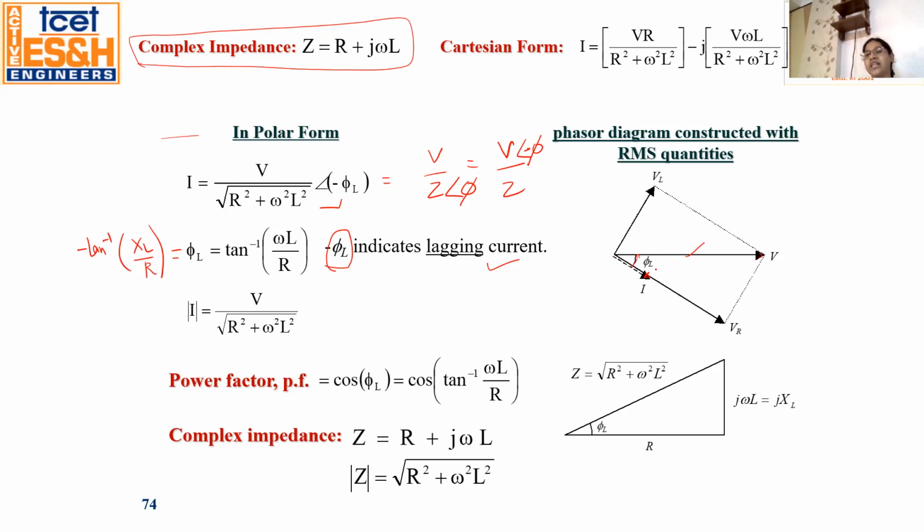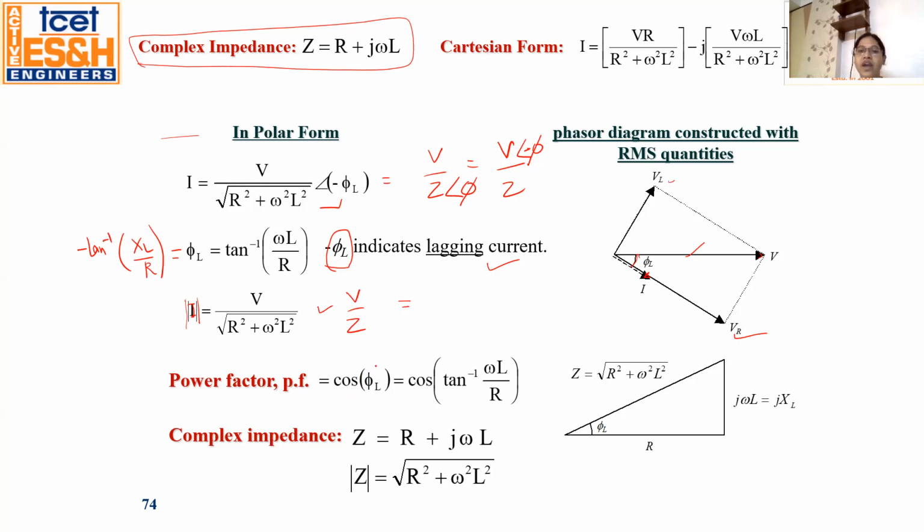This is the voltage across the resistance, which is in phase with the current, and this is the voltage across the inductance, which leads the current by 90 degrees. So I is equal to V upon Z. You can also represent this in the form of magnitude, so take the mod of I here and you will get the current I.